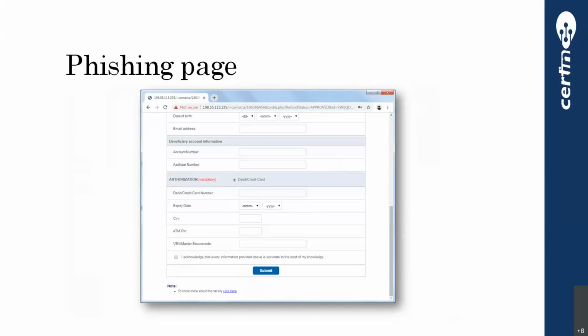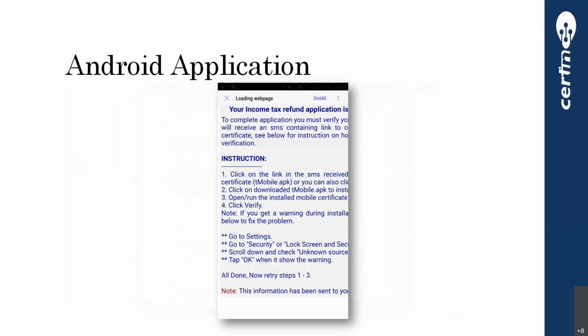Basically, they will take all your confidential and financial details. And then when you click on the submit button, they will take you to another page which will say that you need to verify your mobile device in order to complete submission of this form. And an APK file will be downloaded onto your mobile device.